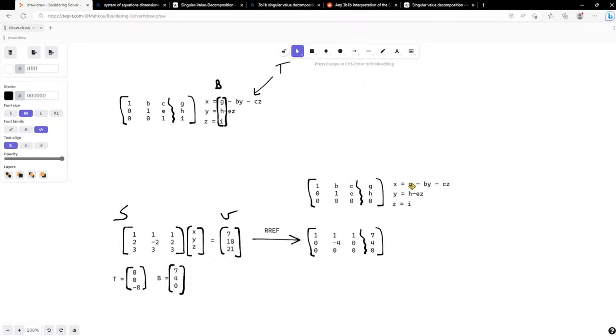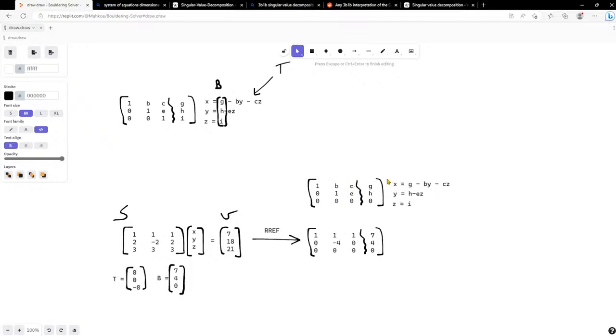But actually here, so this T, well, no. B, C, and E are constants.